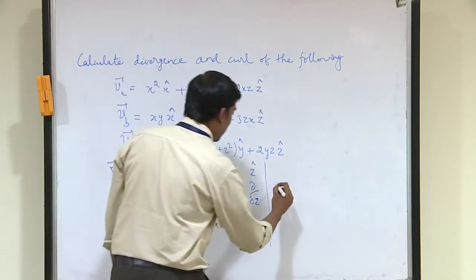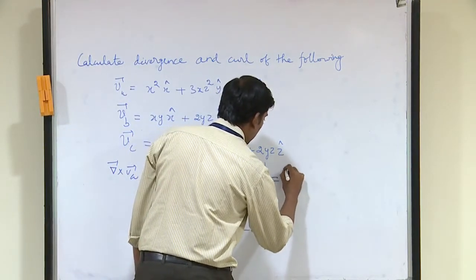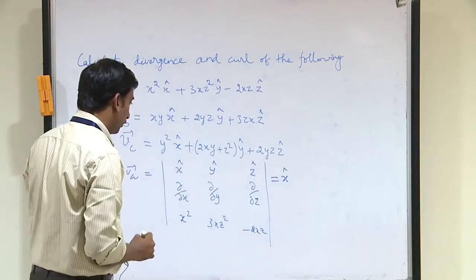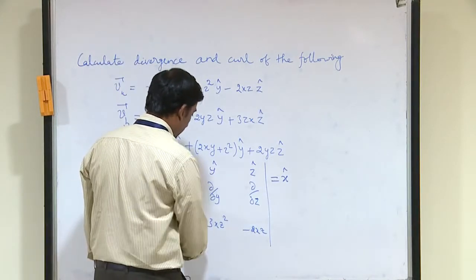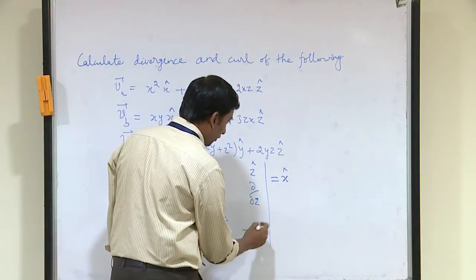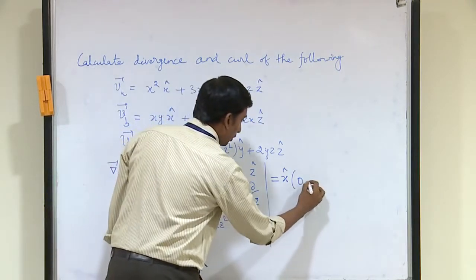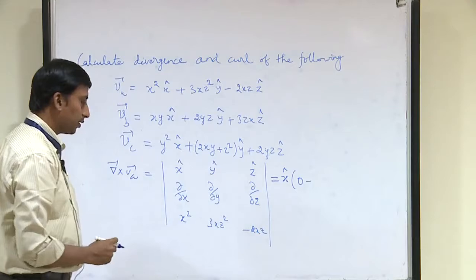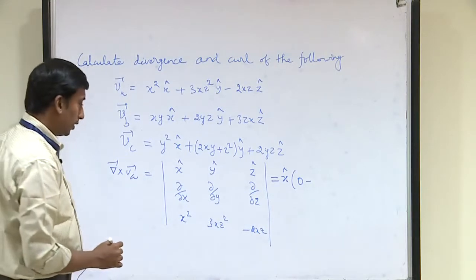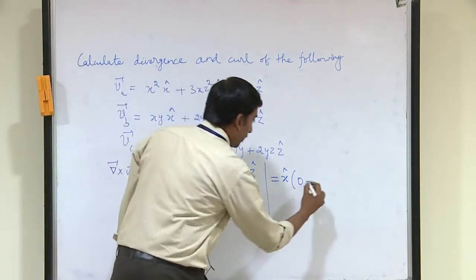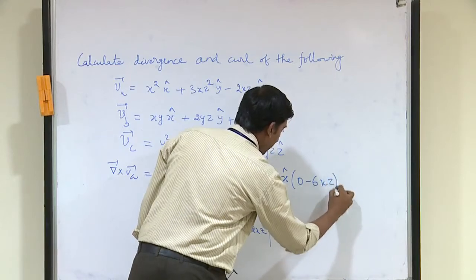What is this equal to? It is x cap into dou by dou y of this, which is 0, minus dou by dou z of 3x z square. What is that equal to? 6x z.